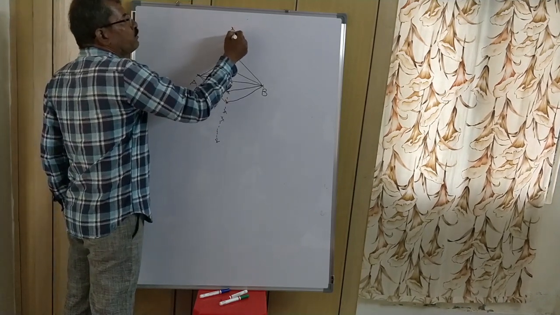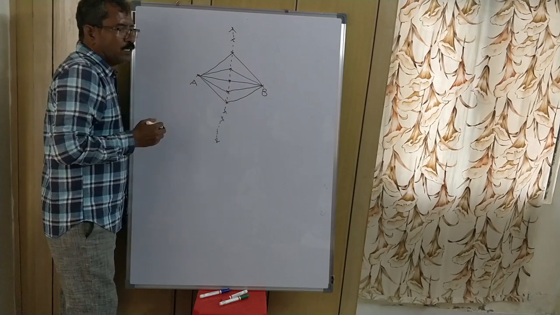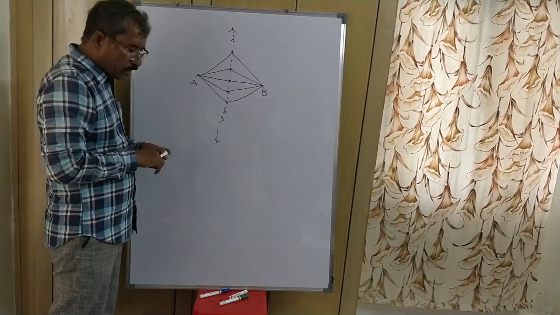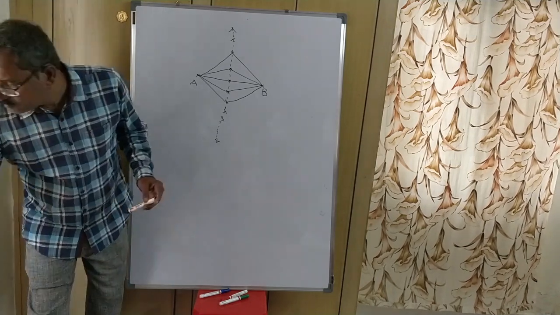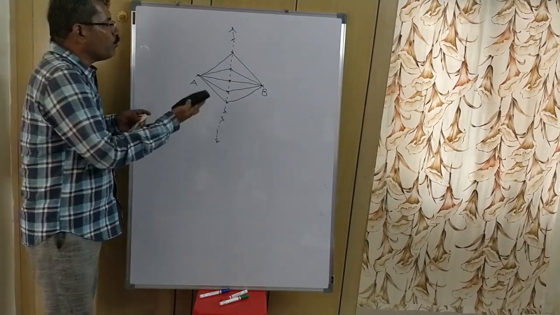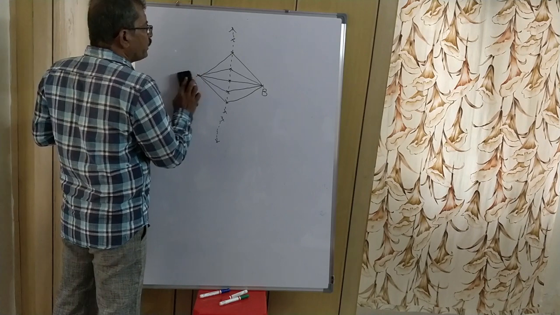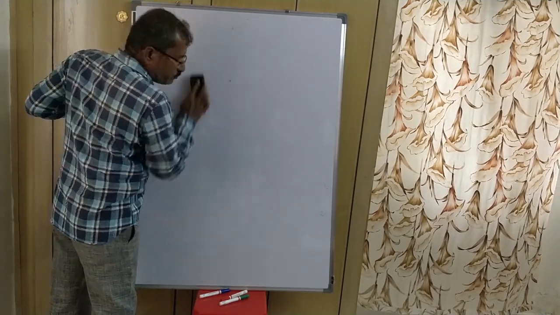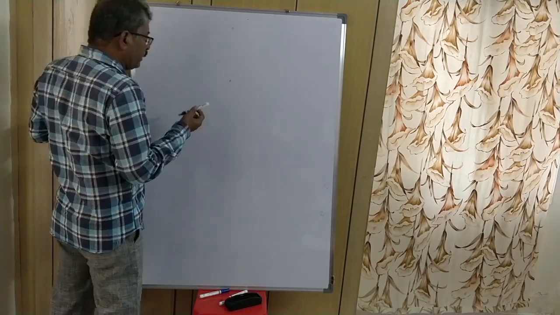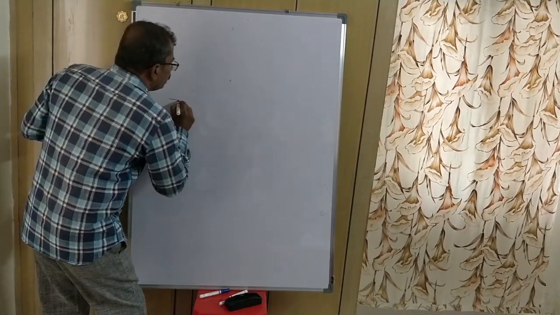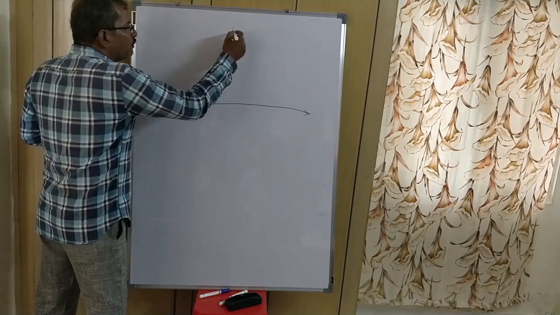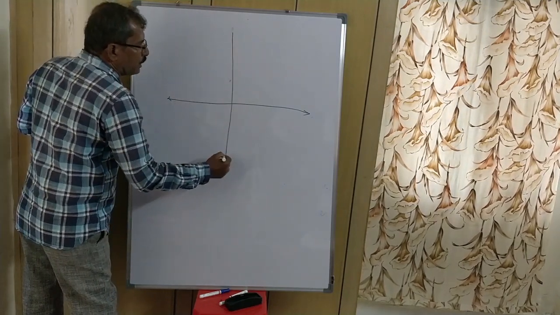There are many points on this line, and you know that the points are denoted with the ordered pair. Suppose this one is a plane. It has the horizontal line and the vertical line.